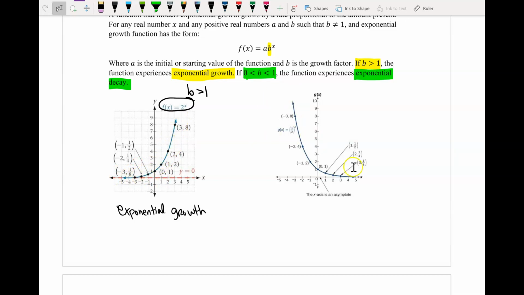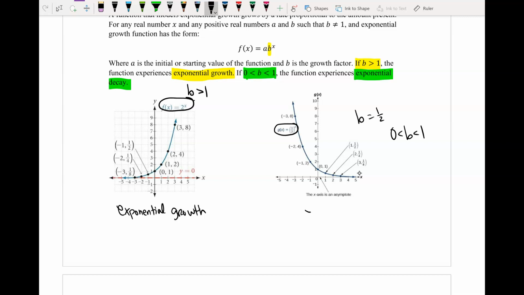In this case, this is the function g of x equals 1/2 to the x. You can see that this guy is also going downward at an exponential rate, but in this case, this guy is decaying. It's not growing. You can see that our b value is equal to 1/2, which is a number between 0 and 1.